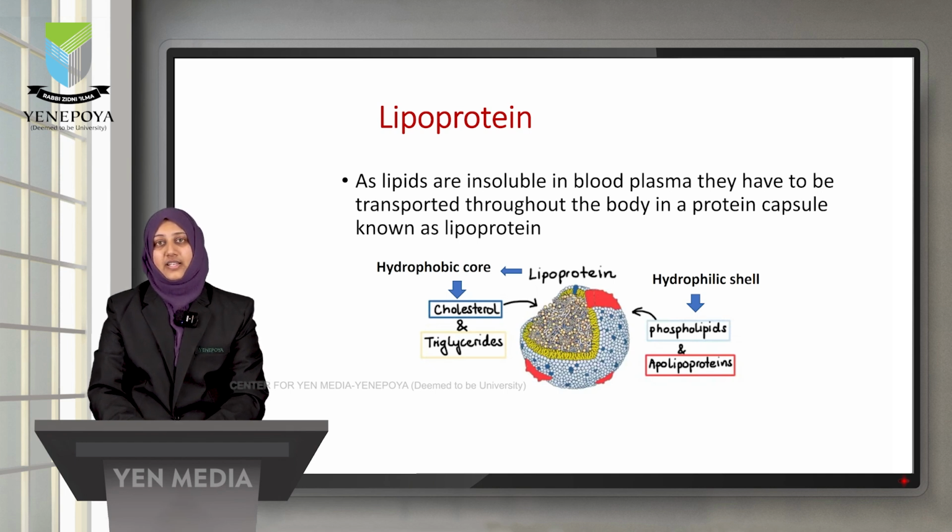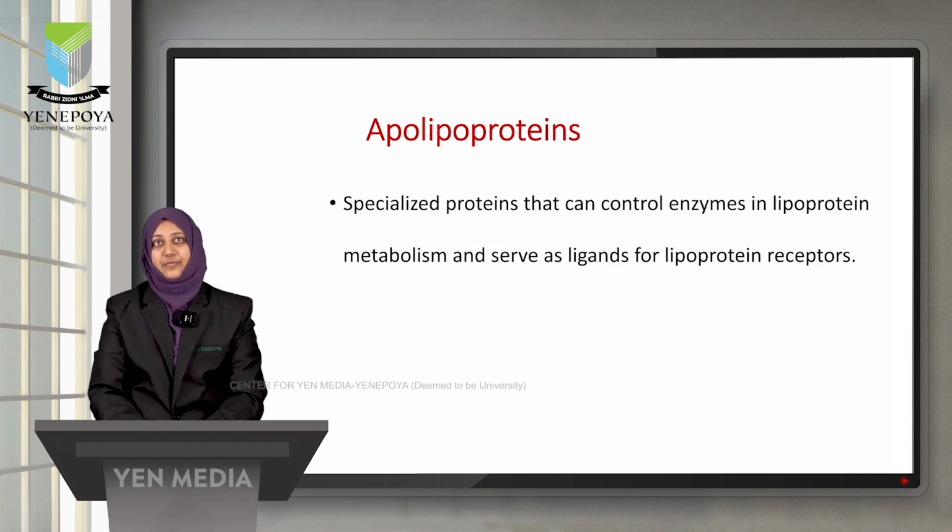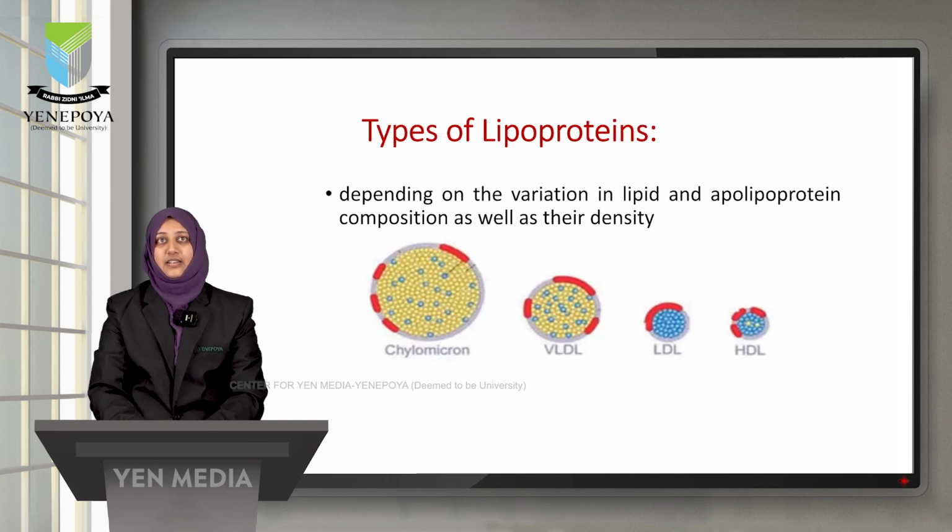Now, let's see what apolipoproteins are. Apolipoproteins are specialized proteins which control enzymes in lipoprotein metabolism, and also serve as ligands for lipoprotein receptors. There are different types of lipoproteins, depending on the variation in lipid and apolipoprotein composition as well as their density.